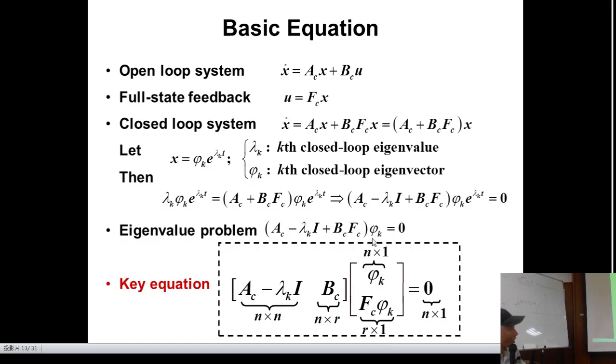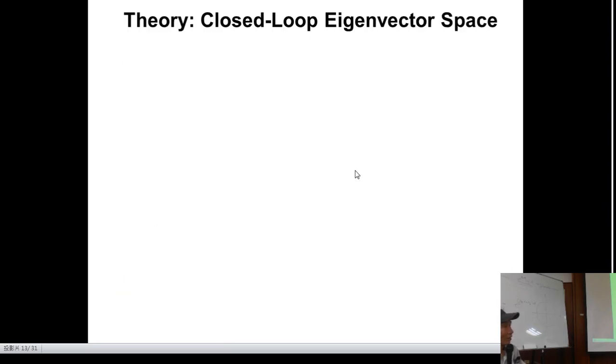So if I can solve the null space, then I should be able to form the null space basis vectors to compute FC. That's the trick. Any questions? Okay.